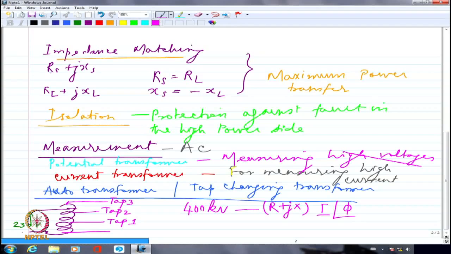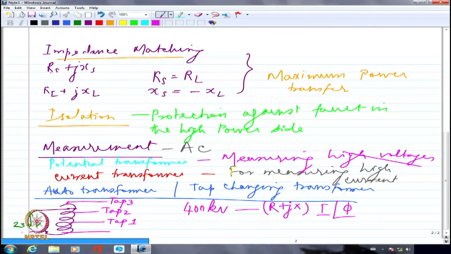If I switch off some of the loads, if some of the loads are gone, then the current is going to decrease. If the current decreases, R plus jX multiplied by the new current will be definitely smaller compared to what I got earlier.